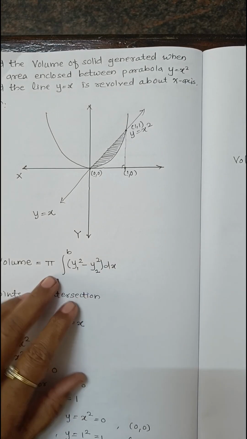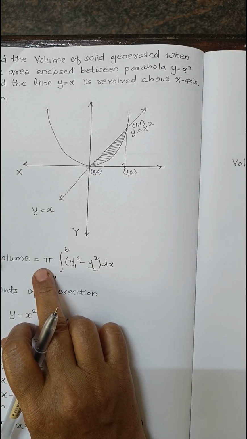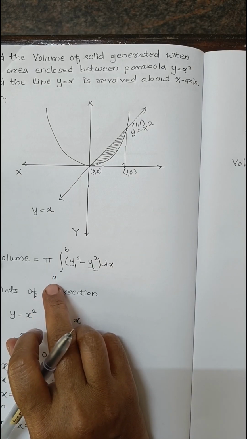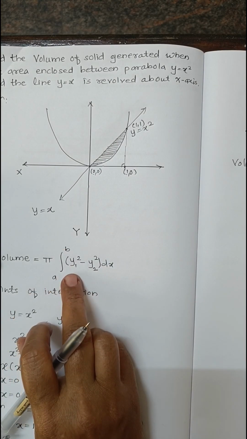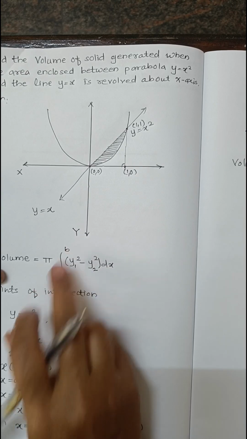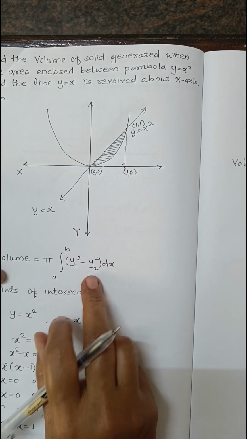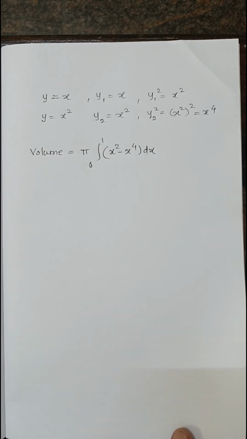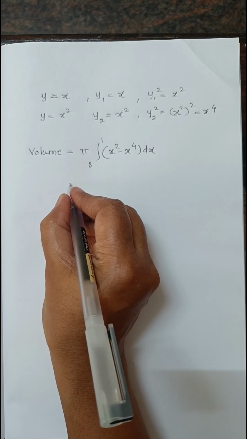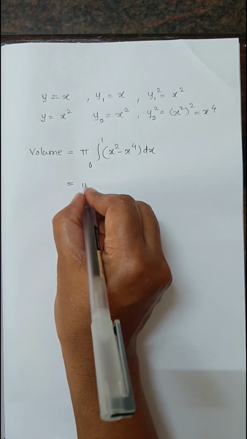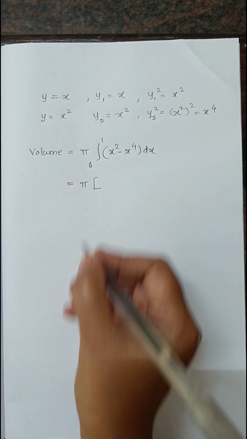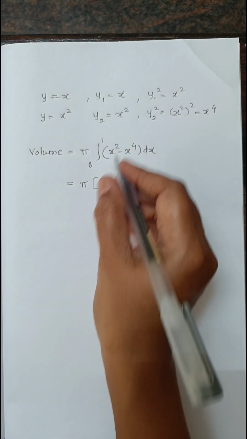Here we have to put all the values. Pi, the limit is from 0 to 1, y1 square is x square and y2 square is x raised to 4, dx. That is pi, now integrating x square.